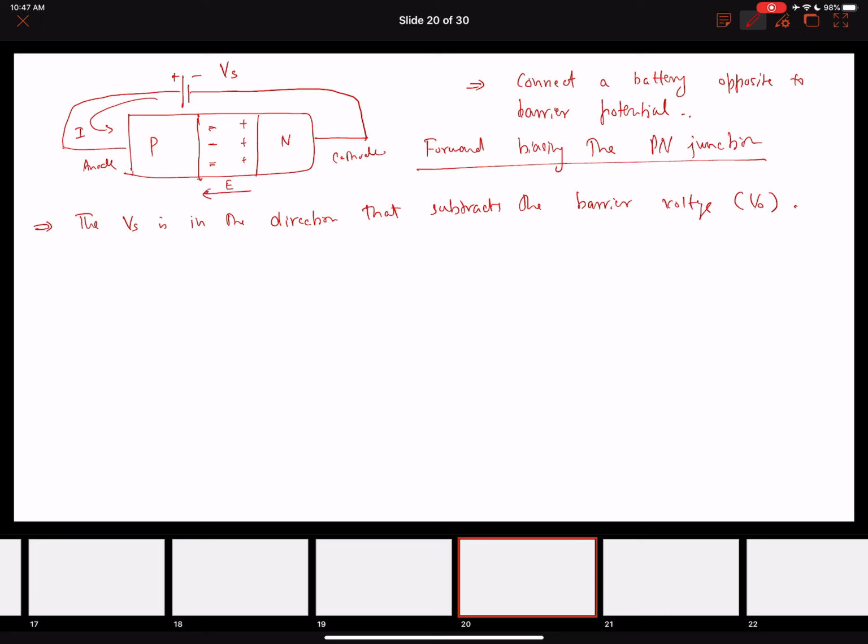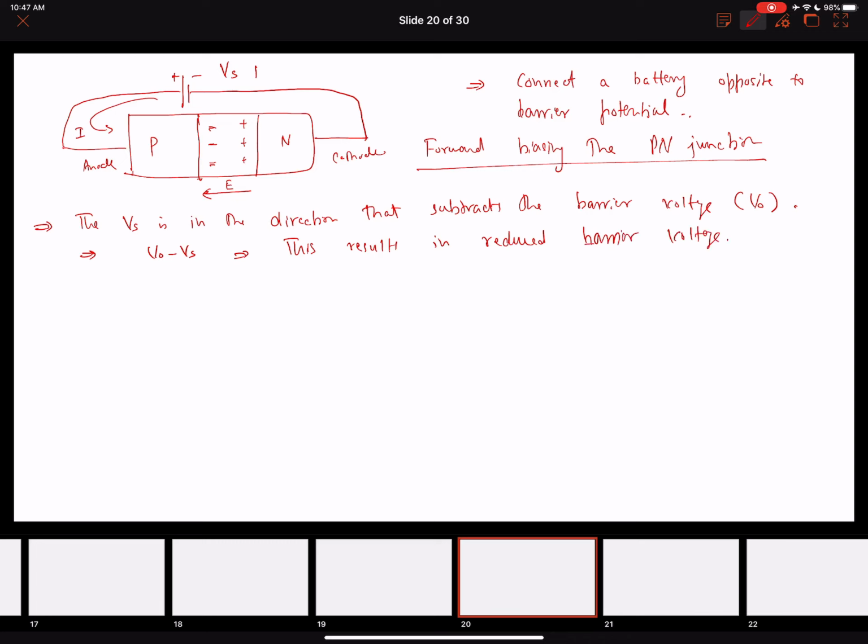So what we get across the PN junction is essentially V0 minus Vs. So this results in a reduced barrier voltage.